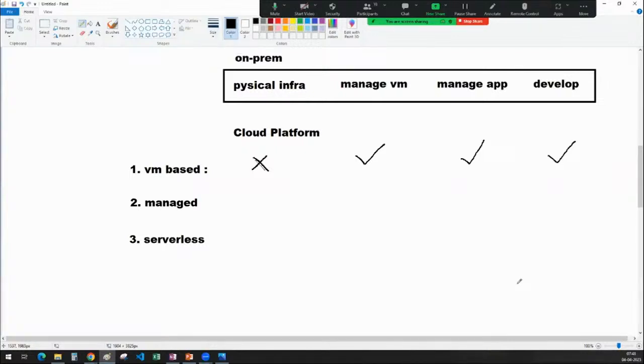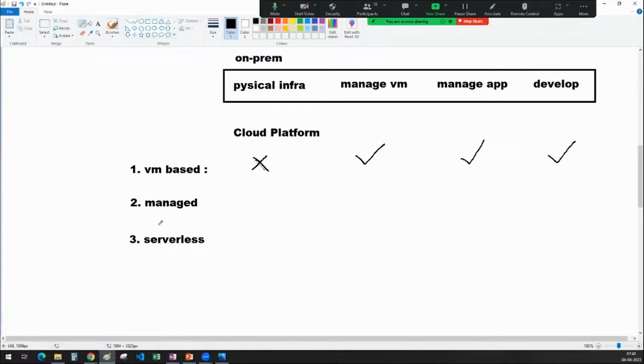Here, you need not manage the infrastructure, because it will be provided to you in the form of a virtual machine. And after that, managing the virtual machine, managing the application, and developing a solution is on you. But who will be taking care of the physical architecture? The cloud platform will be taking care of it.